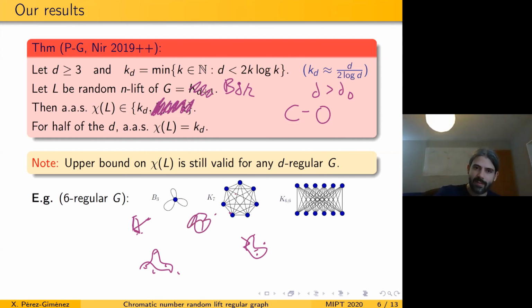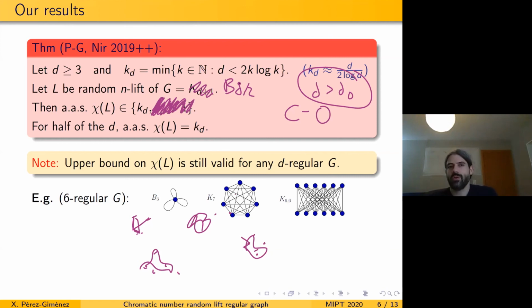Some are big, some are small, and understanding how big these clusters are and how far apart they are allows them to do a fancier second moment calculation and get rid of the second value for large D. But they do that for the uniform model of the regular graphs.